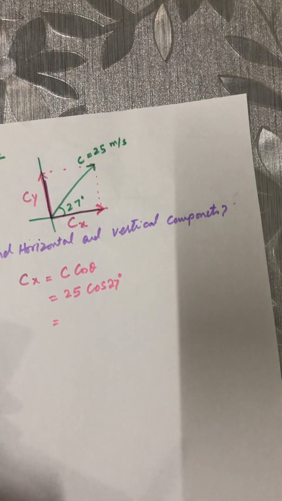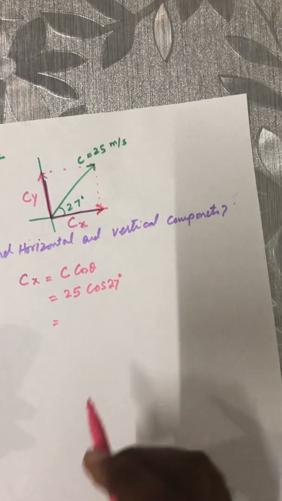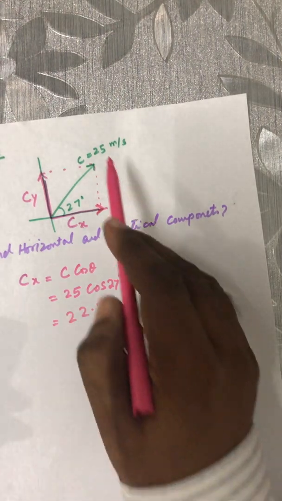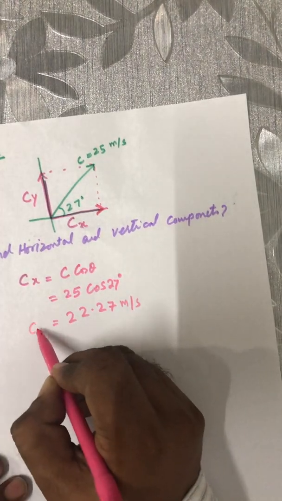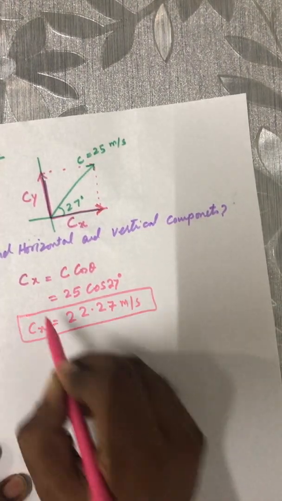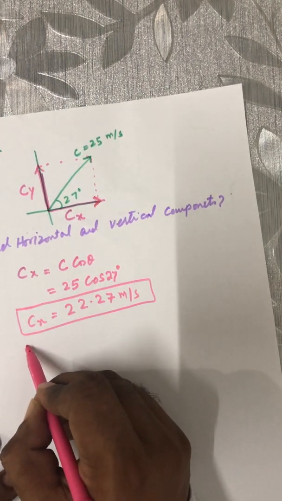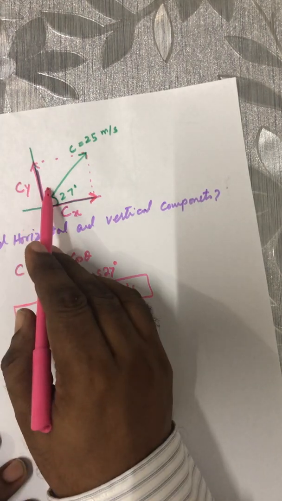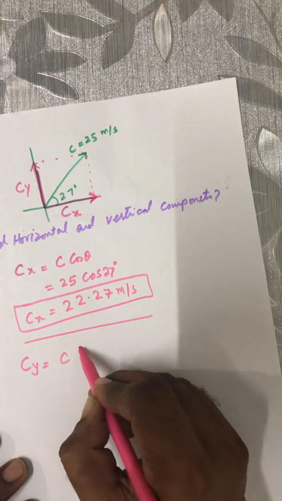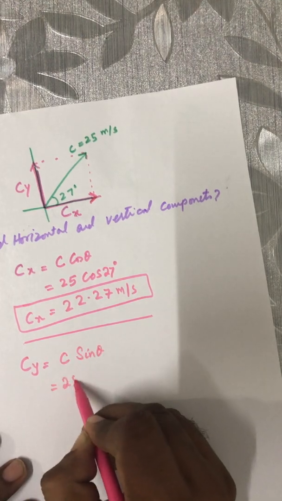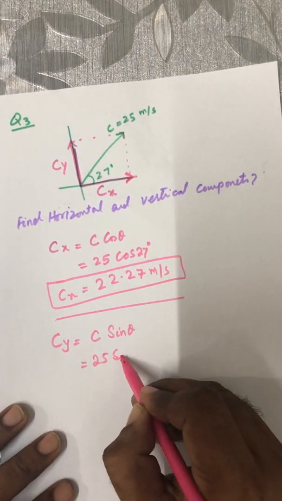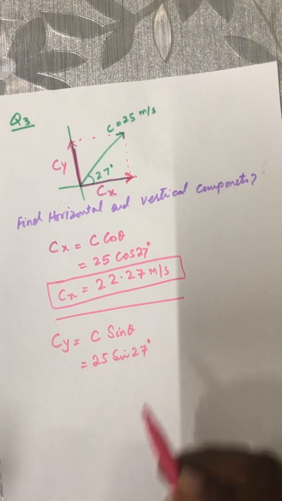C is 25, cosine 27, the answer is 22.27. What is the unit? Meter per second. Don't forget to write the units. So this is the x component of vector C. Now the second part is the vertical component, that is Cy. Cy here is not touching the angle, so it will be sine. So C sine theta. C is 25 and sine of the angle, 27 degrees.